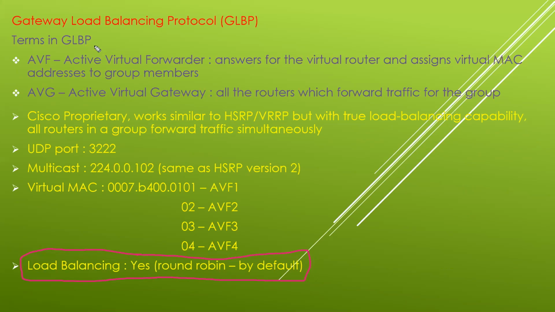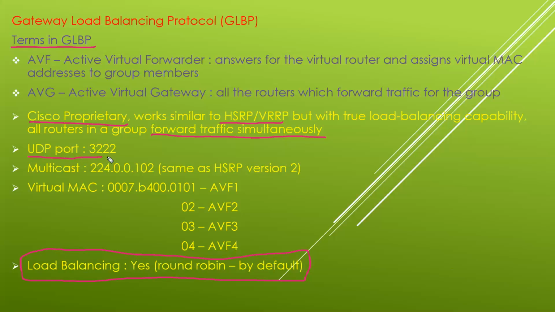They have the same functions except the load balancing. This is also a Cisco proprietary protocol, works similar to HSRP and VRRP, but with true load balancing capability. All the routers in a group forward traffic simultaneously. This is the main important point.